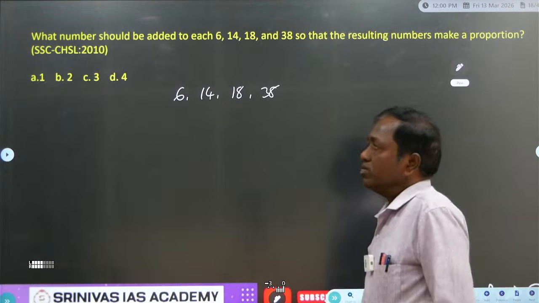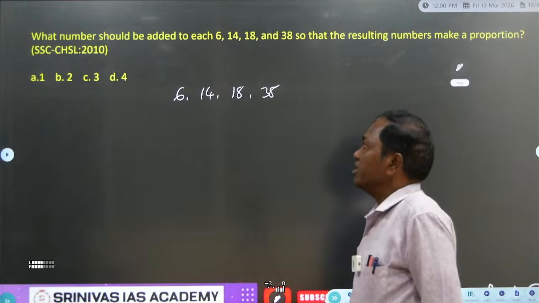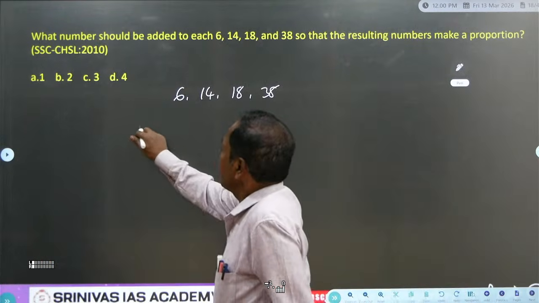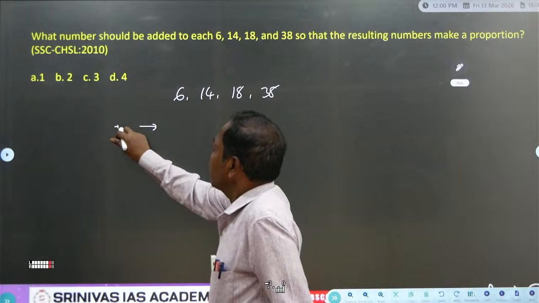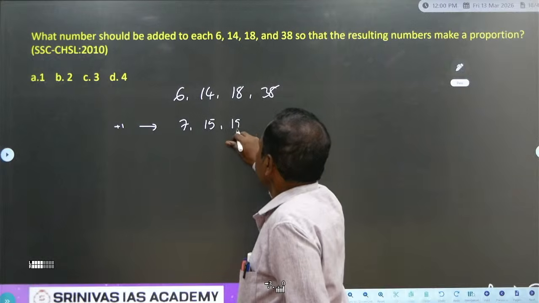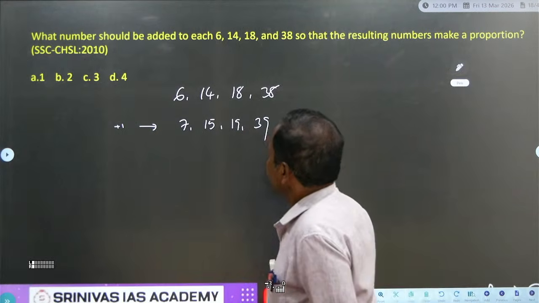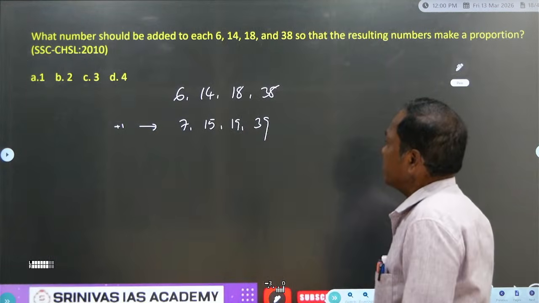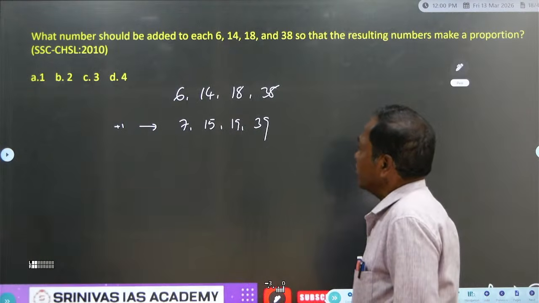First take option A. If we add 1, the numbers become 7, 15, 19, 39. 15 into 19 is not equal to 39 into 7, no, it is not possible.